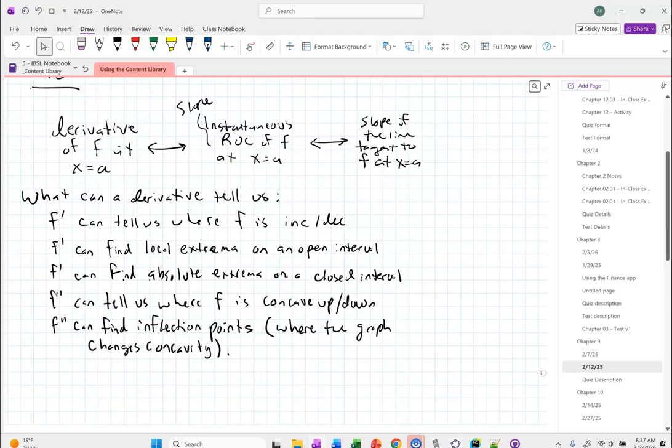They can't be a local maximum or minimum, but they could be the absolute or global maximum or minimum. So depending on whether your domain is open or closed, it requires an additional check to see if the actual absolute maximum is not one of the local maxes, it's the endpoint of the function. So we would be checking that manually.